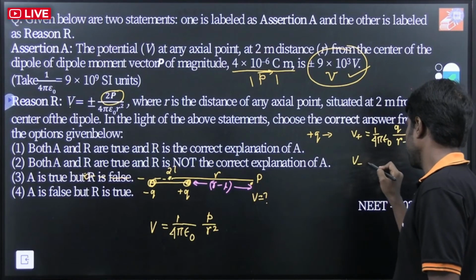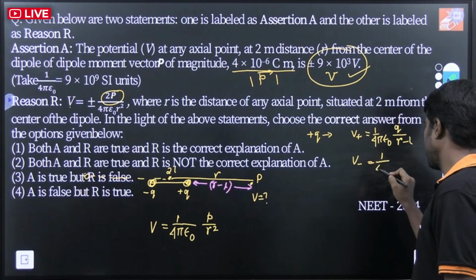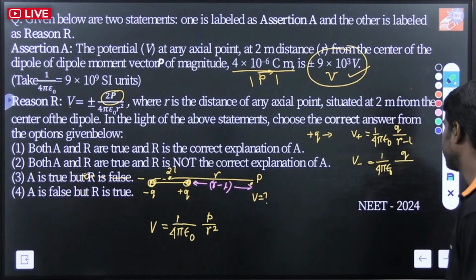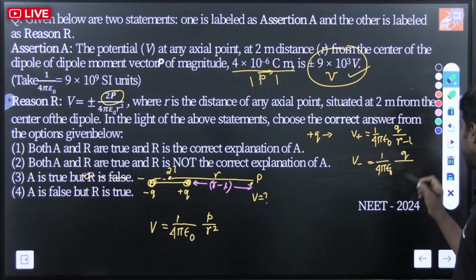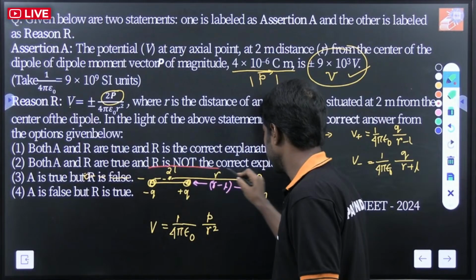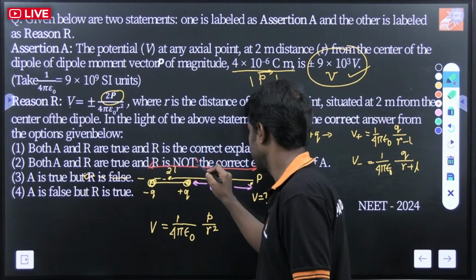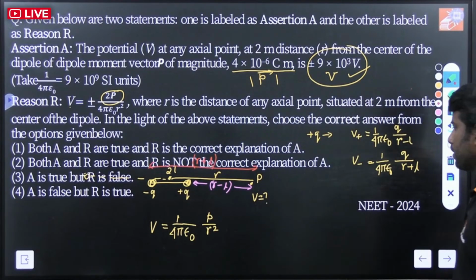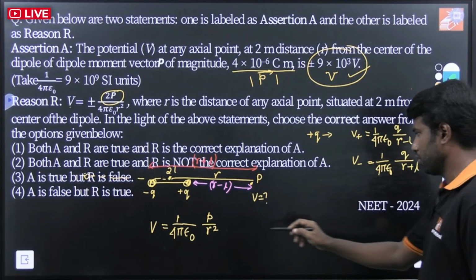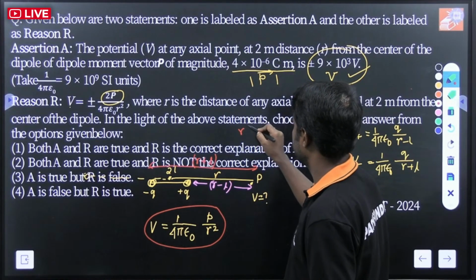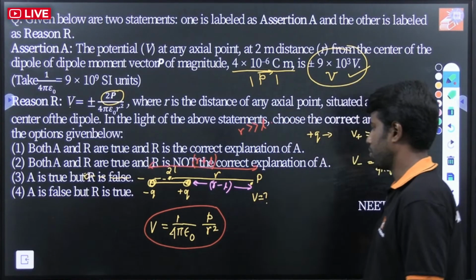For the negative charge, the potential will be, as well, the constant term 1 by 4 pi epsilon naught, Q by r plus L, because this distance is now r plus L. So the net potential we get by calculation, and with the approximation that r is far greater than L, we get this formula.